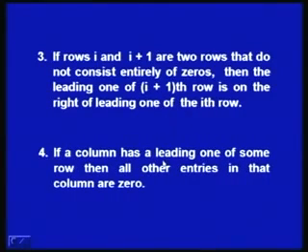And the fourth property is that if a column has the leading one of some row, then all other entries in that column are 0. So, let us see this example. Here we have zero rows, these are non-zero rows, these are leading ones. Now, this is a non-zero row, it has a leading one here, and this is a non-zero row, it has a leading one here. This is the ith row, this is the (i plus 1)th row.